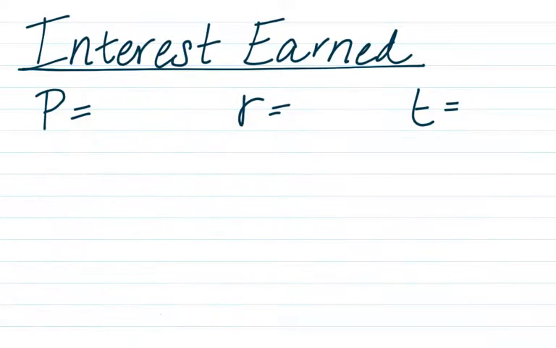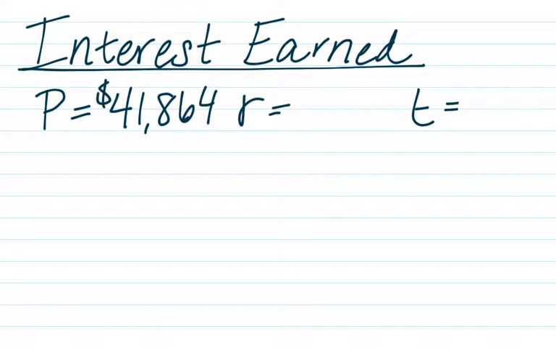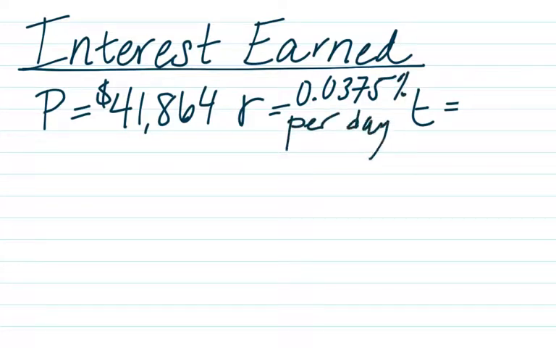So in our first example, we're going to have the principal be $41,864. Our rate is 0.0375% per day, and our time is 60 days.